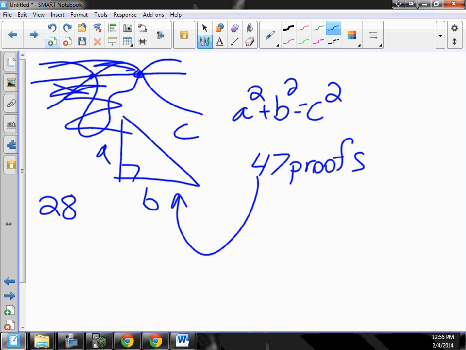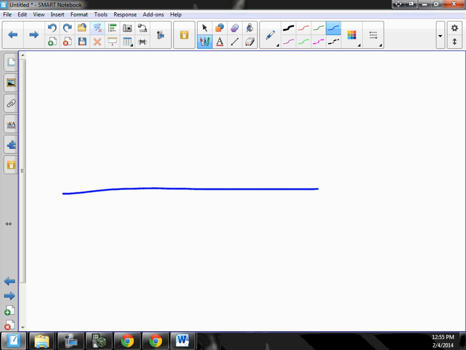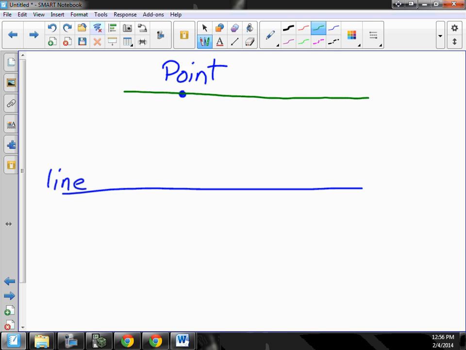So on proof number 28, he introduced the fifth postulate, which said this. If I have a line and a point, this is going to really make you wonder what's going on. If I draw a line through that point such that this line is parallel to that line, I'm going to accept that this is the only solution.